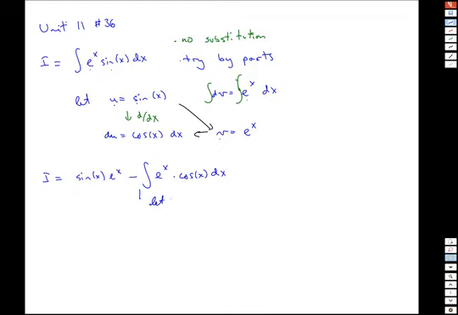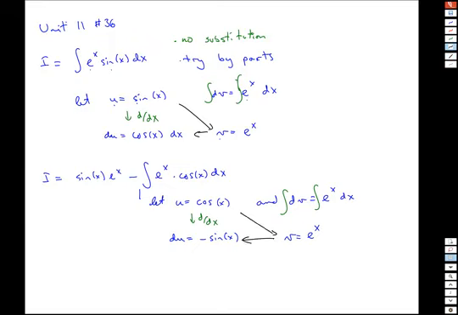Let's try doing the same thing again. We keep the trig function with our u and make our dv equal to the e to the x dx again. And just repeat: integral, integral, and derivative. Here we get a negative sine of x, and here we get the e to the x again, and a little mnemonic reminder there about how the pieces come together.